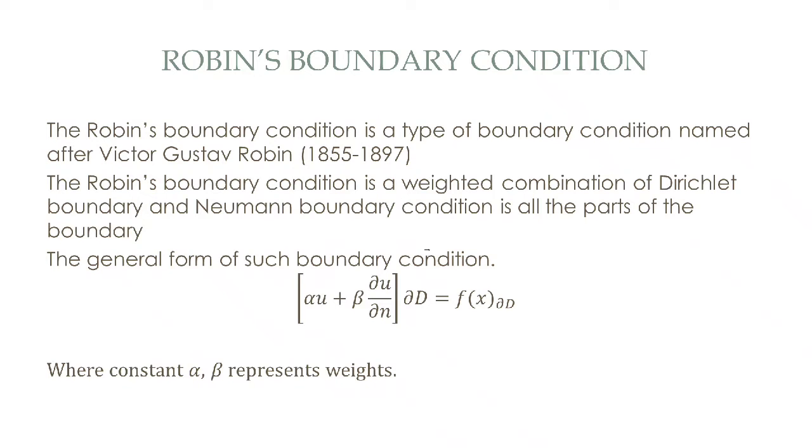The general form of such boundary condition is alpha u plus beta times partial u over partial n on the boundary equals f of x, where the constants alpha and beta represent weights.